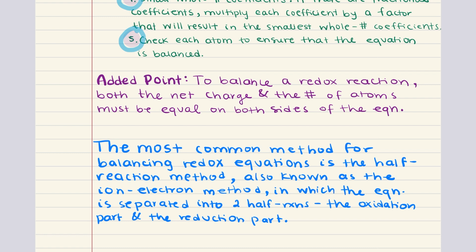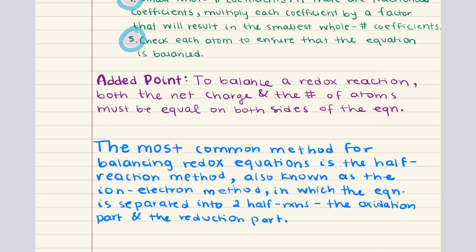This means ensuring that 1, the number of electrons lost in oxidation equals the number of electrons gained in reduction, and 2, both the net charge and the number of atoms are balanced on both sides of the equation.